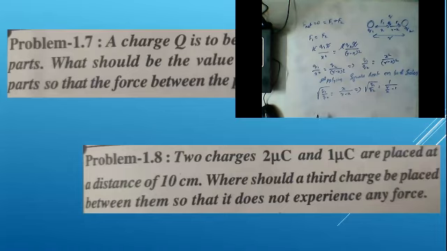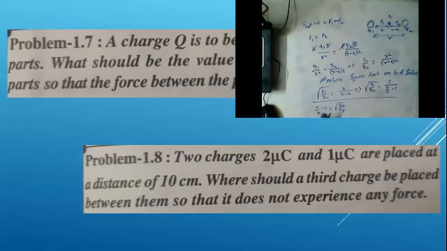Okay, so upon cross multiplication I will get r by x minus 1 is equal to square root of q2 by q1, since they get interchanged.